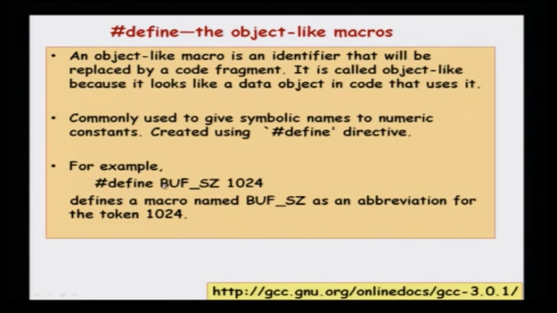So, you have used #define to define an identifier BUFF_SIZE, and BUFF_SIZE will be assigned the text 1024. This says that I am defining a macro named BUFF_SIZE, and it is an abbreviation, a short form for the token 1024.